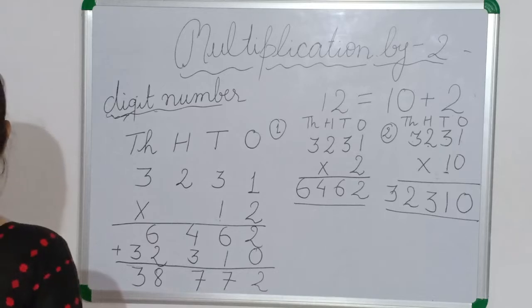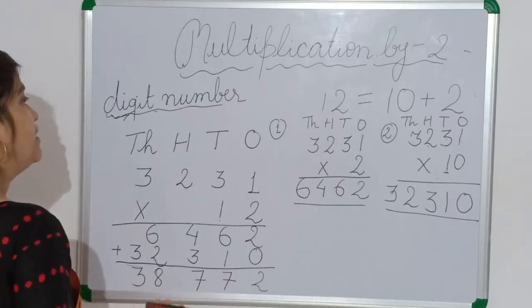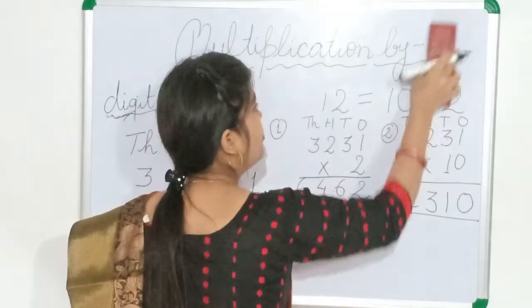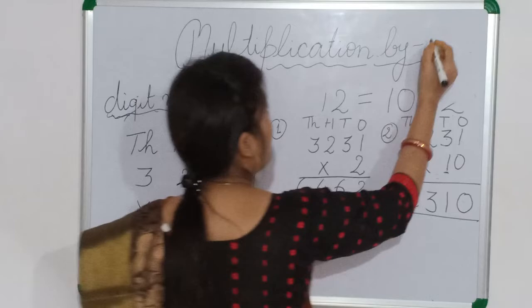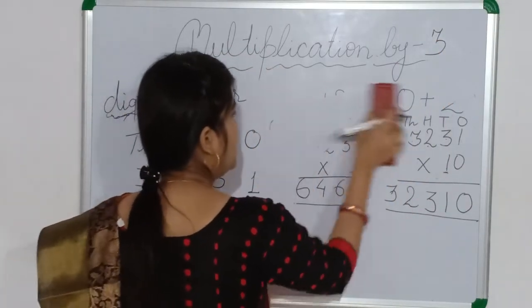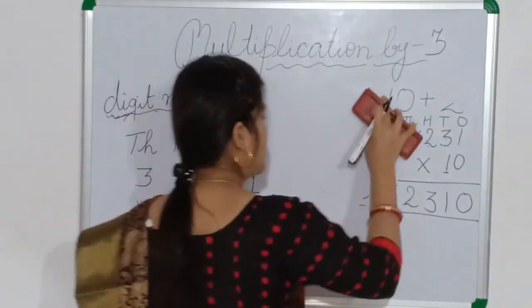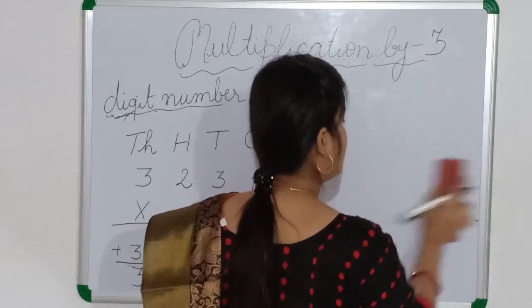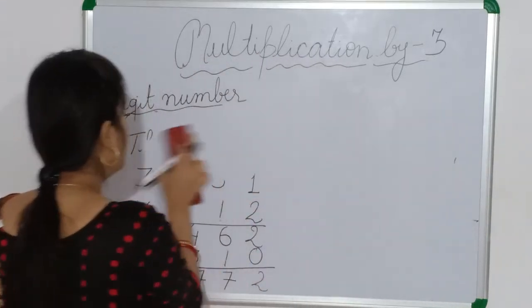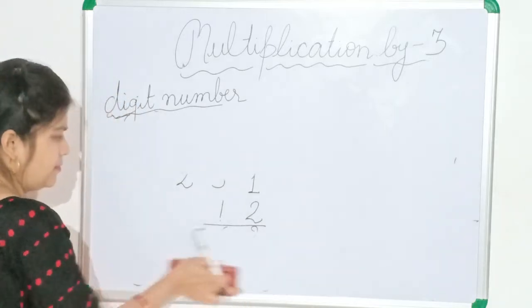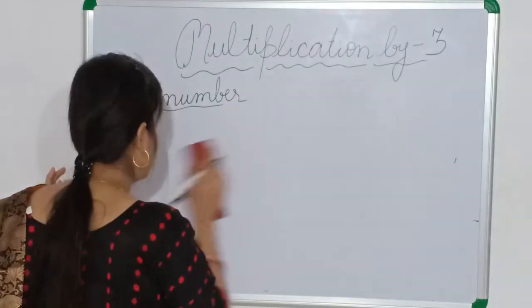Now the same process we will do when we have to multiply a number by a 3-digit number. Okay, multiplication by 3-digit number. Here I will not show you separate multiplication, together only I will teach you, because already I have explained. And when you learn the properties and facts of multiplication, your concept will be more clear.